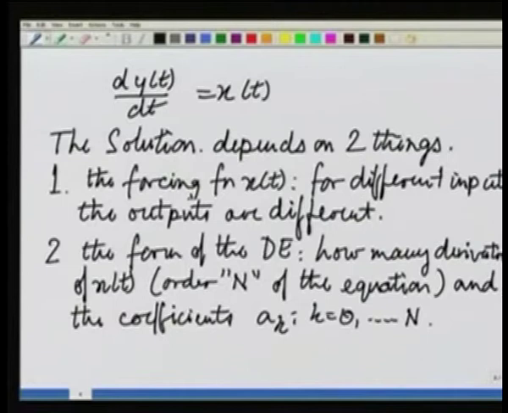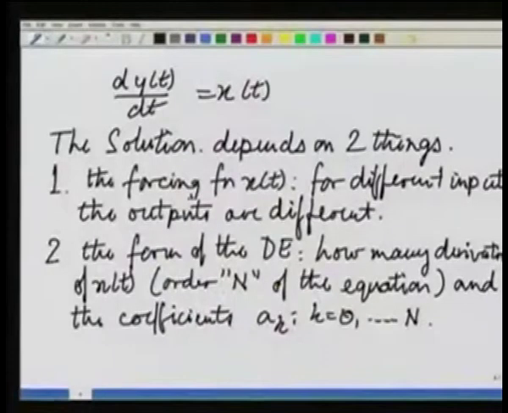These two things together, the values of the coefficients a_k and the order of the equation, completely determine the form of the equation. The point we are making here is simply this: we said in the first point that if the input changes, then the solution will change.